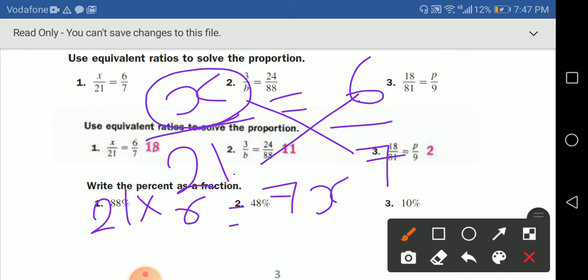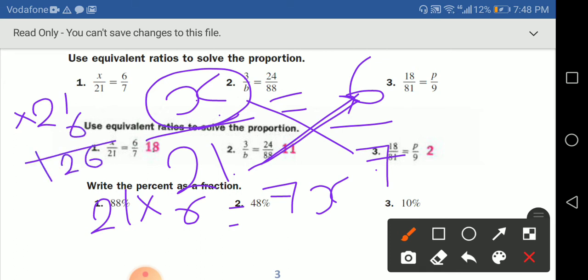And I have another method: I hide the x and say 21 times 6 all over 7. We do the easier one for us. 21 times 6: 6 times 1, 6; 6 times 2, 12.